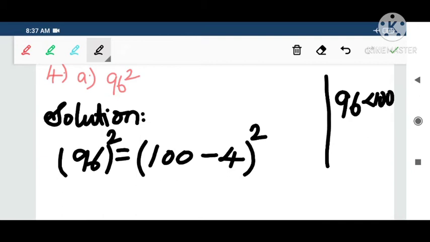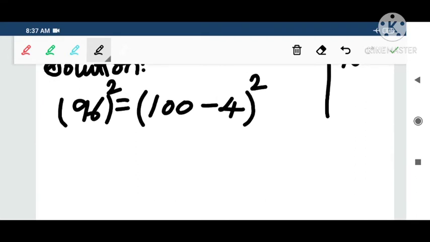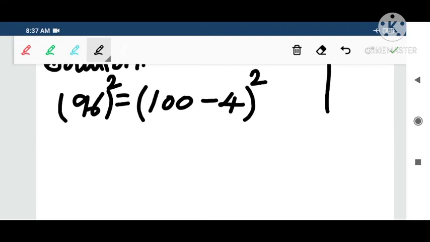Now you have to observe which identity we use here. Here we use the identity (a minus b) the whole square. So (100 minus 4) whole square is equal to (a minus b) the whole square.